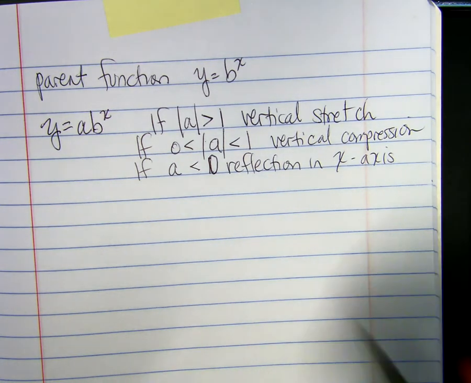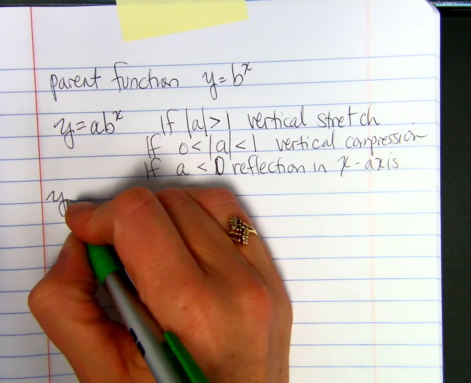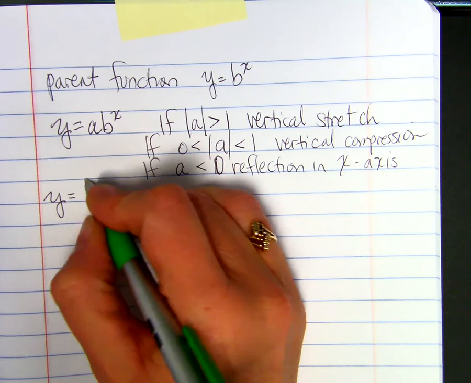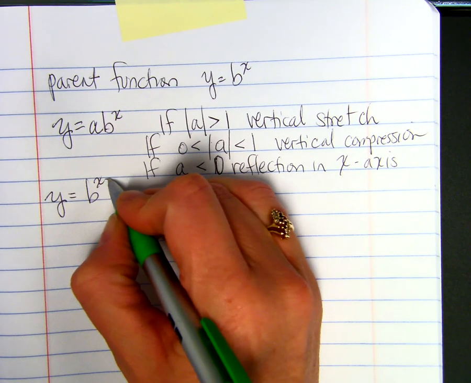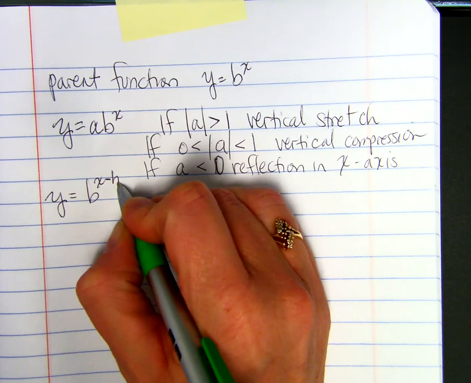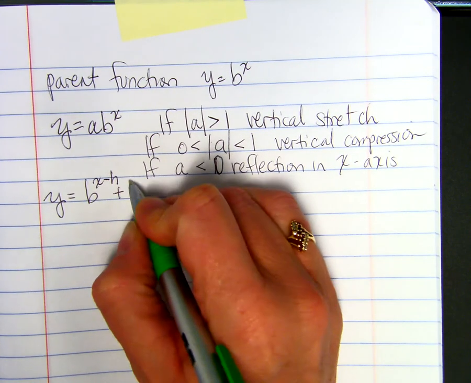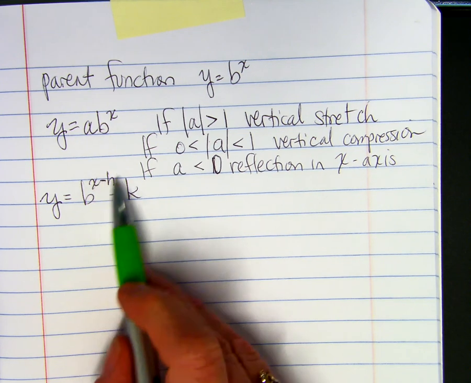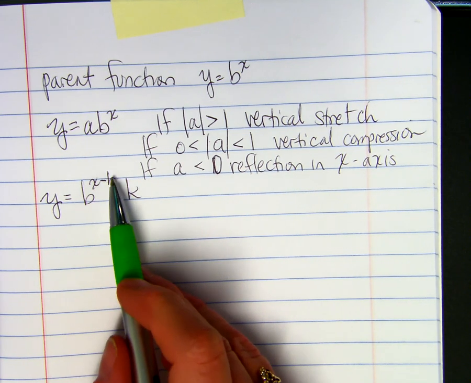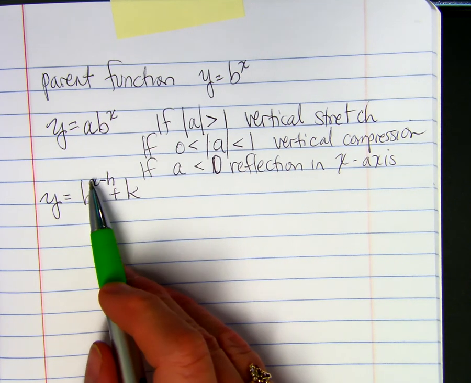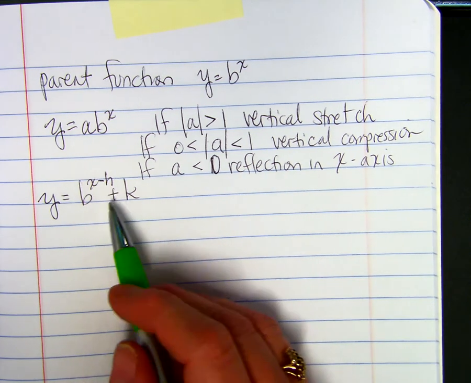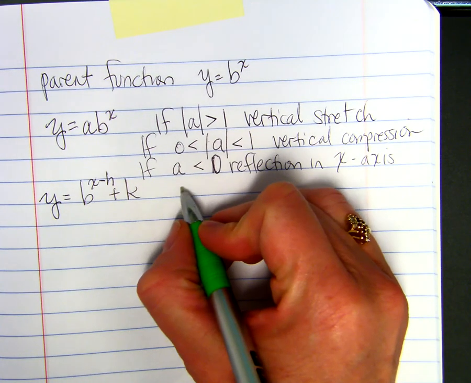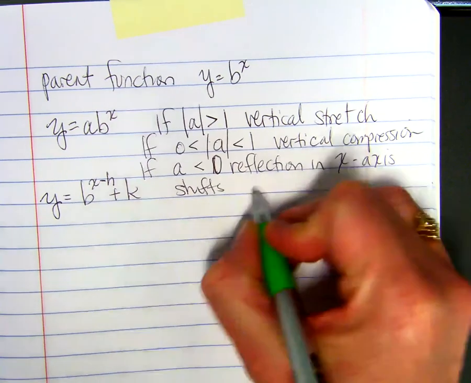Then we can have a shift up and down and left to right. So if you have a number subtracted from x in your exponent, it's going to shift horizontally h units.